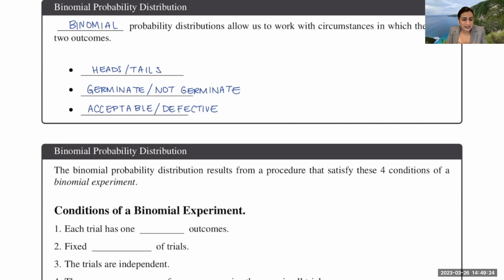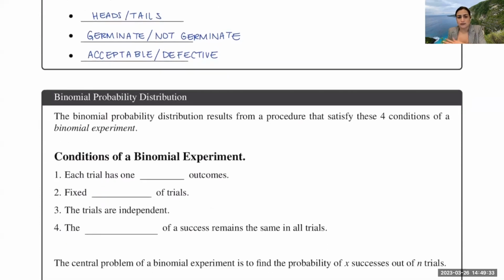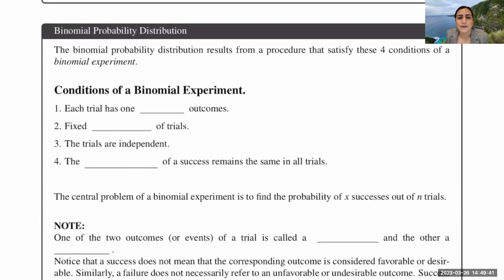But another thing is that there are actually conditions in order for us to use it. So that's the next part here. First, is there only two outcomes? Then the next thing is, let's check if all these conditions are satisfied. The binomial probability distribution results from a procedure that satisfies these four conditions of a binomial experiment.